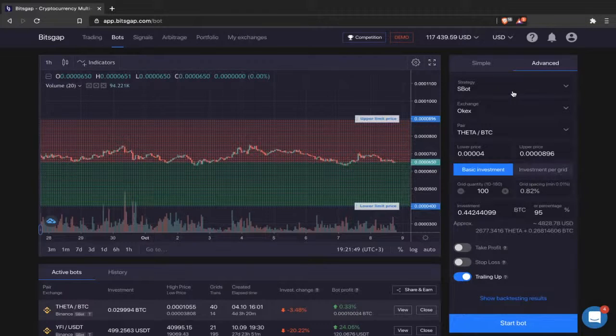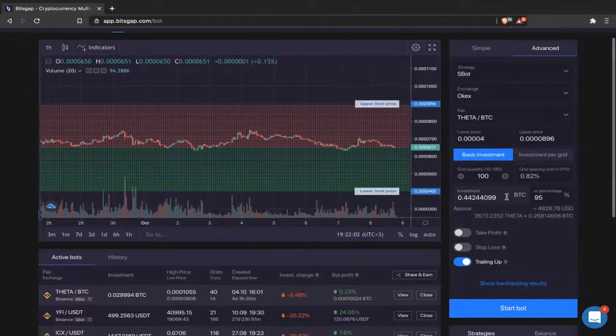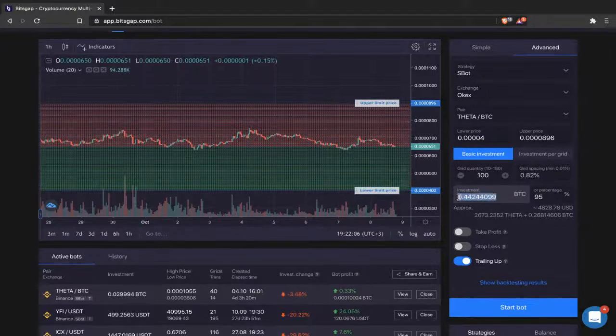The built-in algorithm of the SBot almost 100% ensures that the bot will not take extra money from your balance. You see, here's the investment allocation. That's the value of your investment which you allocated to the bot.